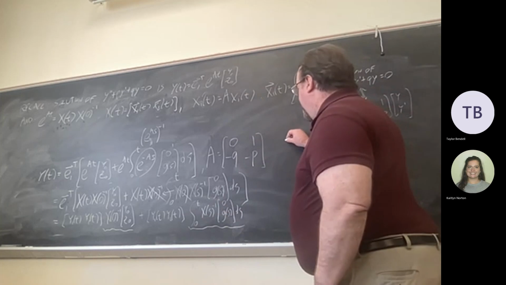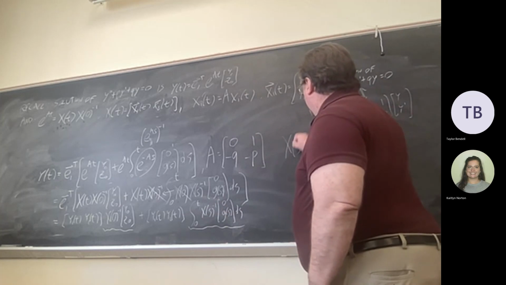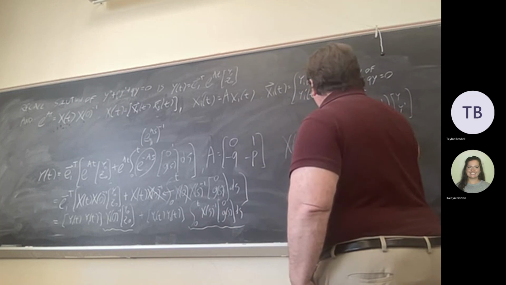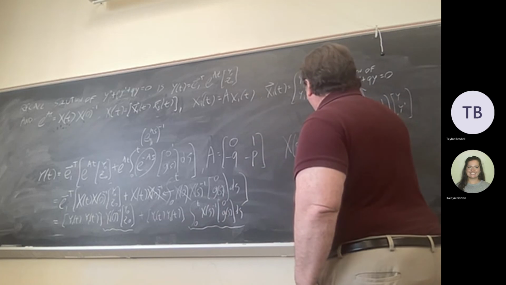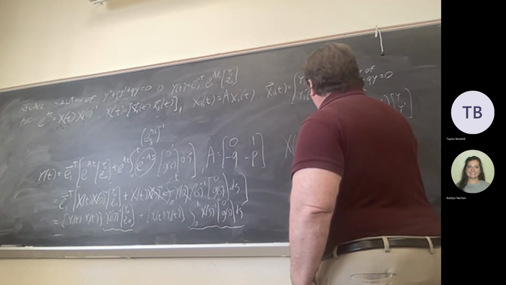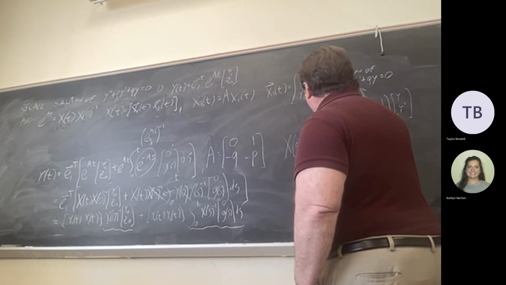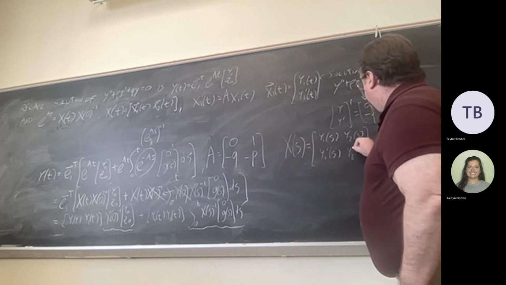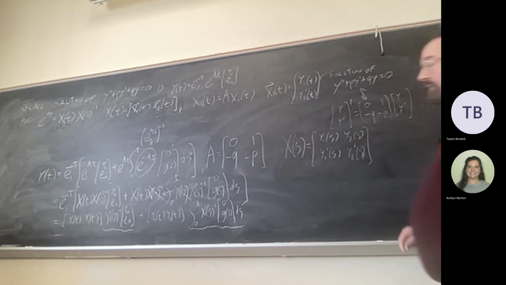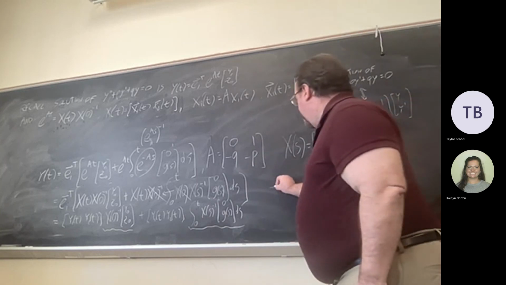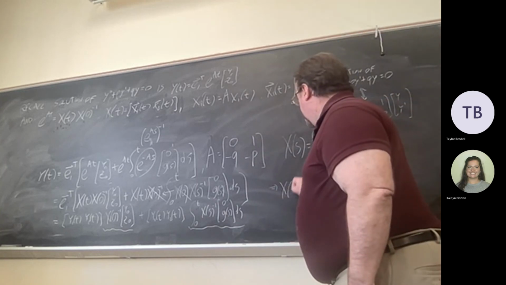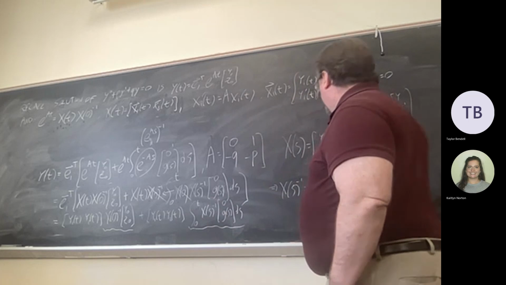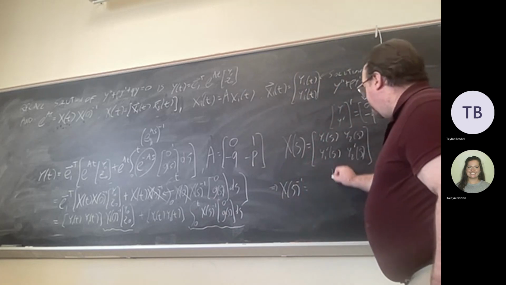We keep in mind that x of s is equal to y1 of s, y2 of s, y1 prime of s in the second row, and then y2 prime of s. Then the inverse would be 1 over the determinant.